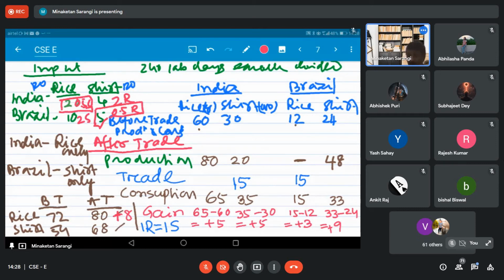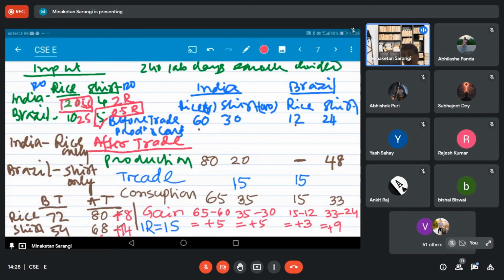Similarly, in terms of your SAT, before trade consuming 54, after trade consuming 68, so this will be 14. Now, this 14 is shared by India 5 and Brazil 9.